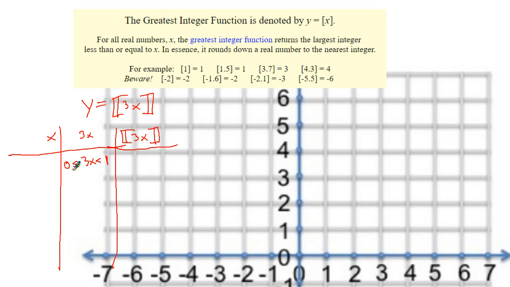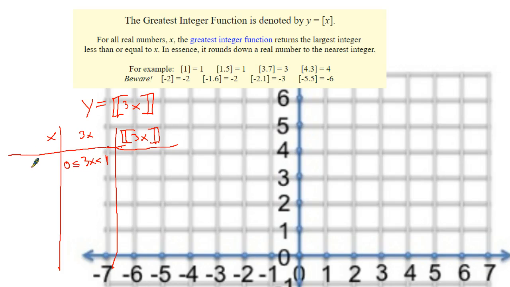The reason why I say that that's what I'm interested in, it's because the greatest integer takes you to the largest integer that's less than or equal to x. It rounds down to the nearest integer. So it wouldn't make sense to go from x is 0 to 1. What we want to know is whatever is inside these brackets, we want to know what happens when they go from 0 to 1. So I start with the 3x being between 0 and 1.